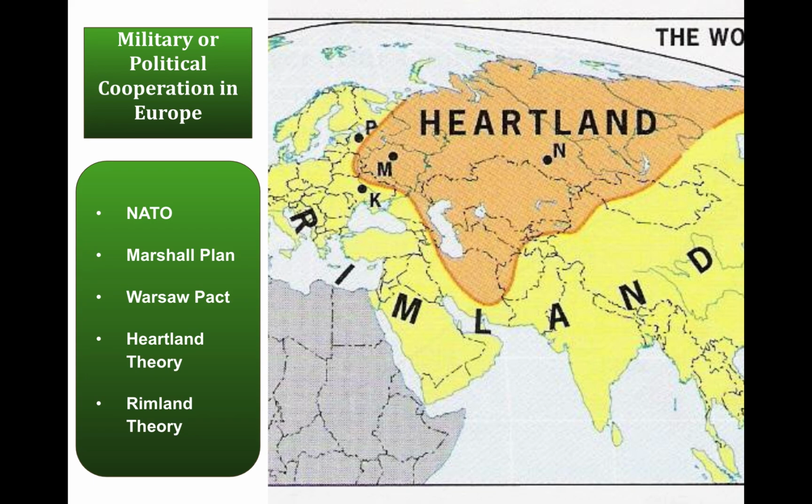Again, the North Atlantic Treaty Organization was established to stop Russian territorial expansion. The Warsaw Pact took Eastern European countries and formed what is known as an Iron Curtain, a buffer from Western European aggression to Russia.